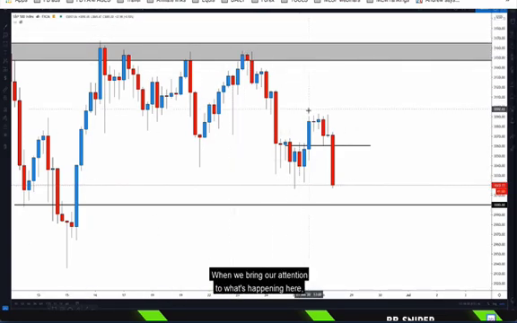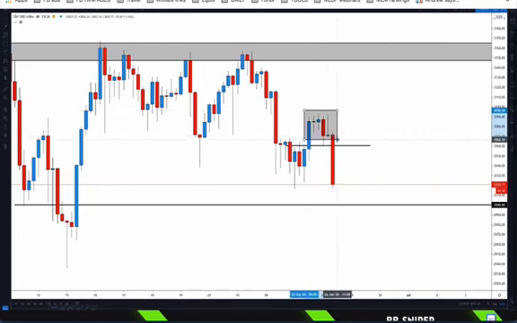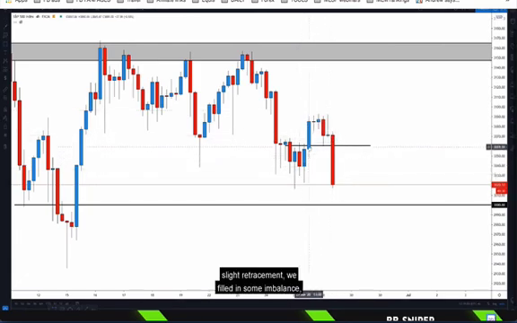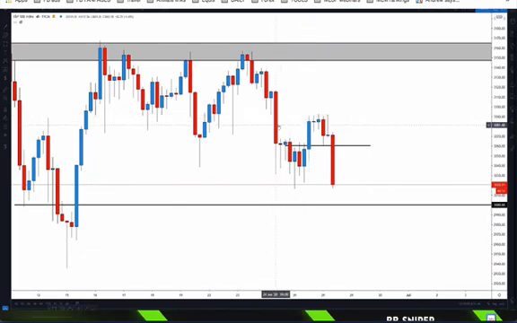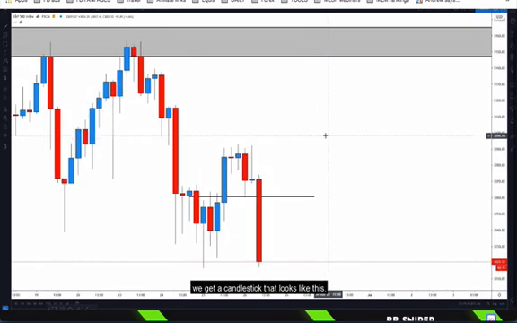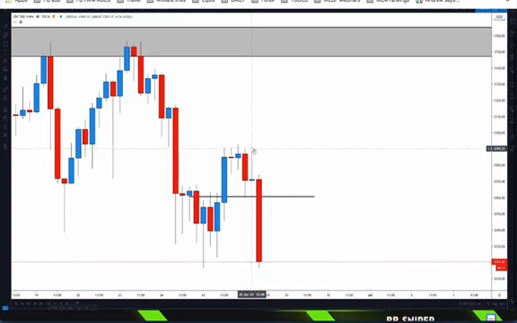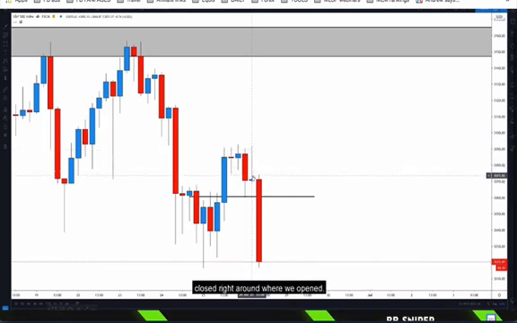When we bring our attention to what's happening here, slight retracement, we filled in some imbalance, market consolidated, and then at the right time, we get a candlestick that looks like this. Notice how we saw over a span of 4 hours movement to the upside. We eventually came back down, closed right around where we opened.